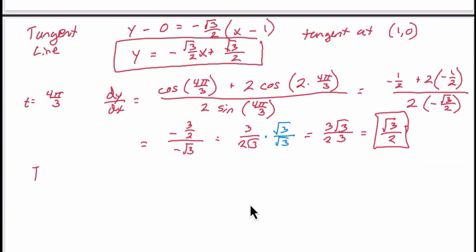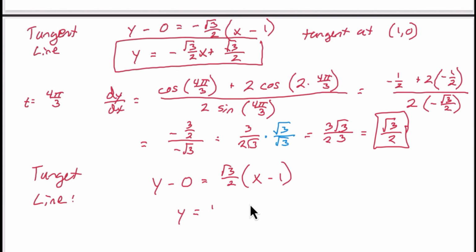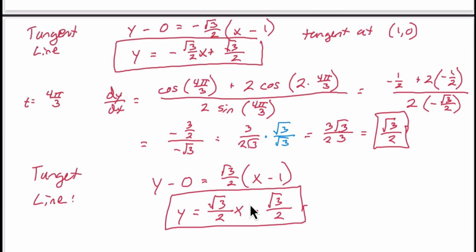So our next tangent line, we have y minus 0 equals the slope we just found times x minus 1. Simplifying this, we get y equals the square root of 3 divided by 2 x minus square root of 3 over 2. This is, again, the equation of the tangent line at (1, 0).